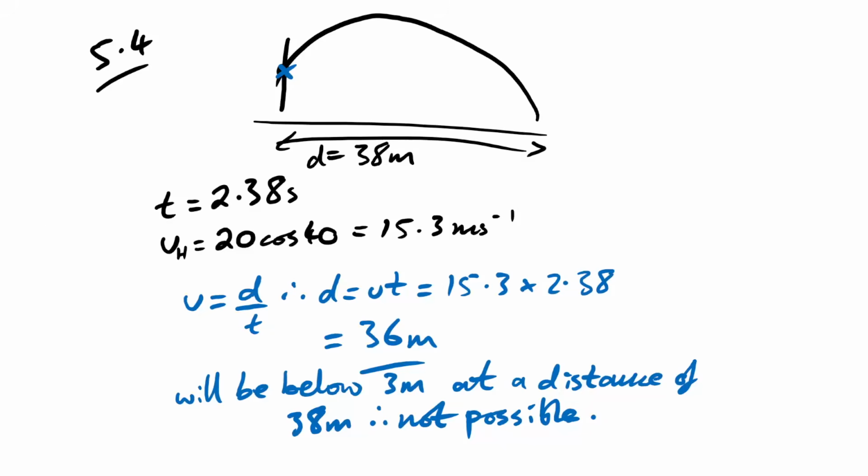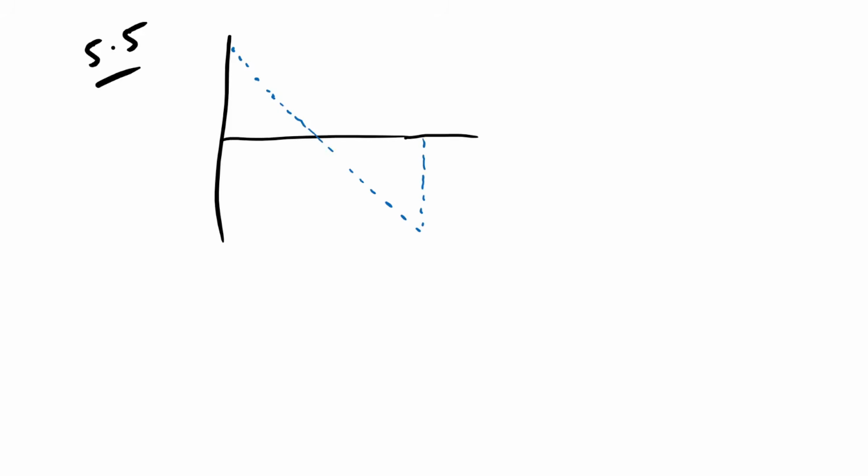5.5, we have these 2 graphs, speed versus time, or vertical velocity versus time. We have here without air resistance, and then with air resistance. Okay, so 5 marks, so loads of stuff we can write here. It's just a bit weird, isn't it?